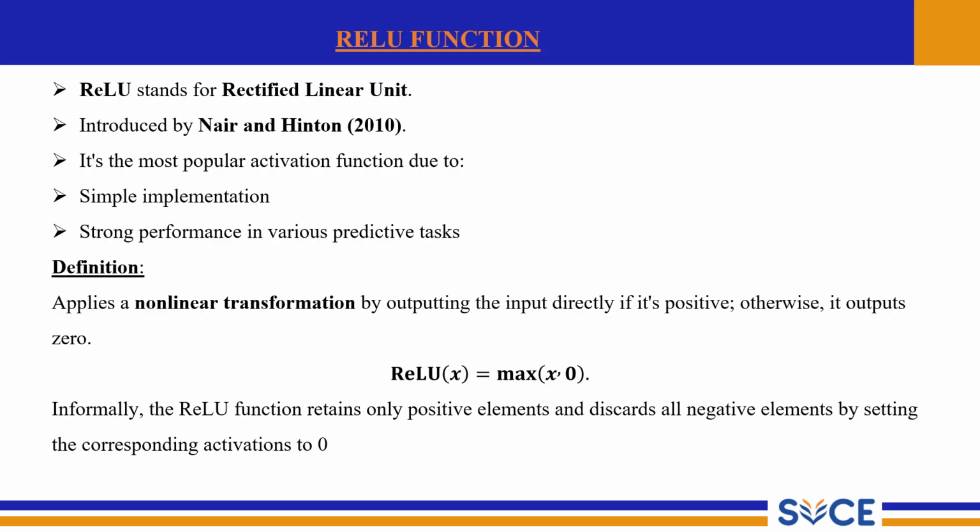You can think of ReLU as a filter that retains only the positive values and discards all negative ones by setting their activations to 0. This simplicity makes ReLU computationally efficient, and its non-linearity allows neural networks to learn complex patterns without the vanishing gradient issues that plague older functions like sigmoid and tanh.